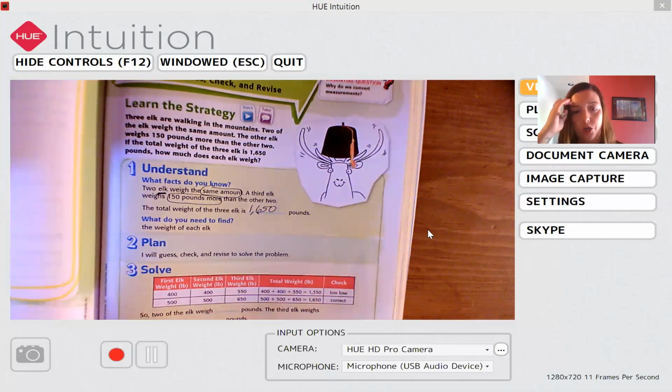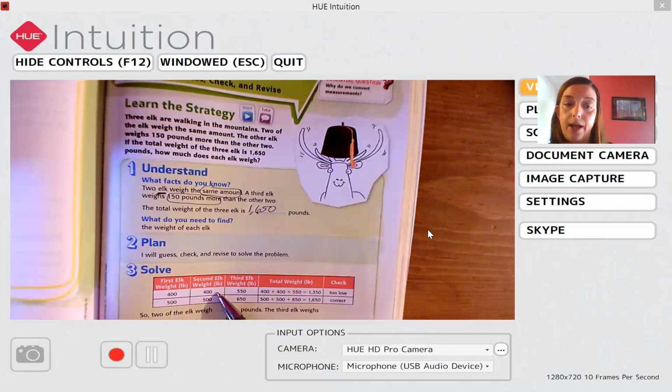All right. So the first guess that they make is that the first elk weighs 400 pounds. So if the first elk weighed 400 pounds and then the second elk weighed 400 pounds, then because they're the same amount, right? Whatever the first elk is, then the second elk weighs the same.